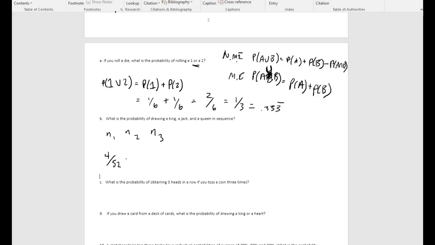Probability of drawing a jack, the second card: now there's 4 jacks in the deck, but only 51 cards left. So 4 jacks, 51 cards. And then a queen, there's still 4 queens in the deck, but only 50 cards. So we multiply these probabilities together, and we get 64 over 132,600, and that equals 0.00487.